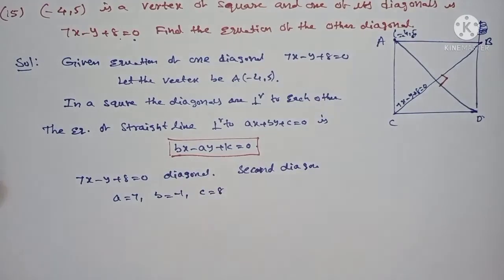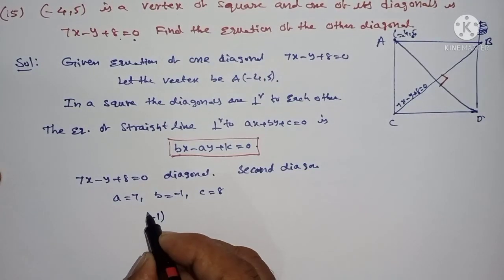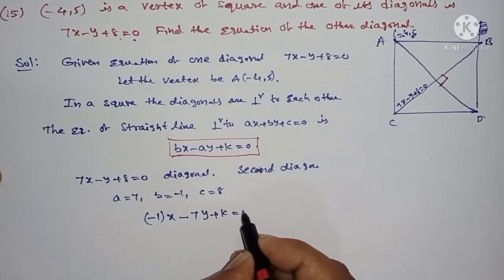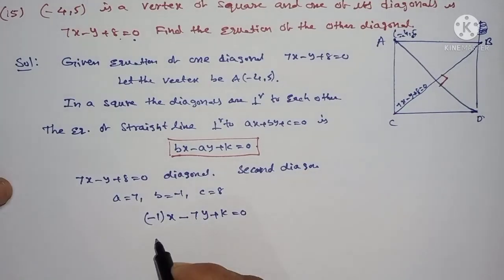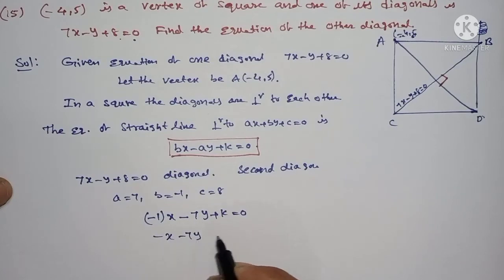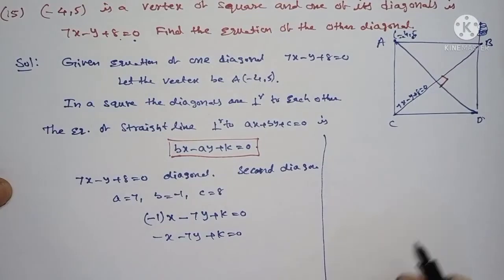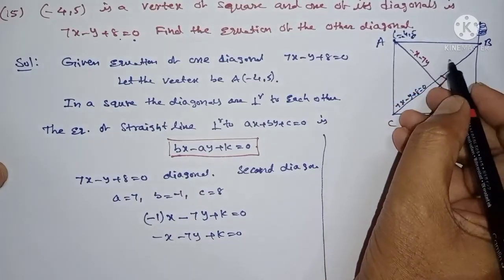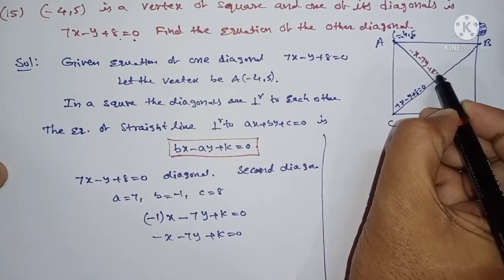Don't write the c value here. Therefore bx, minus 1 into x, minus a, that is 7y, plus k is equal to 0. I can write here minus x minus 7y plus k is equal to 0. This is the equation I am writing here: minus x minus 7y plus k is equal to 0.